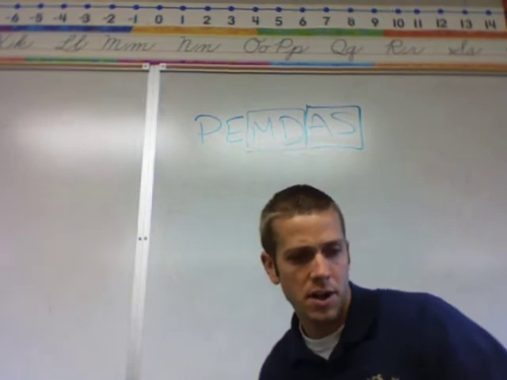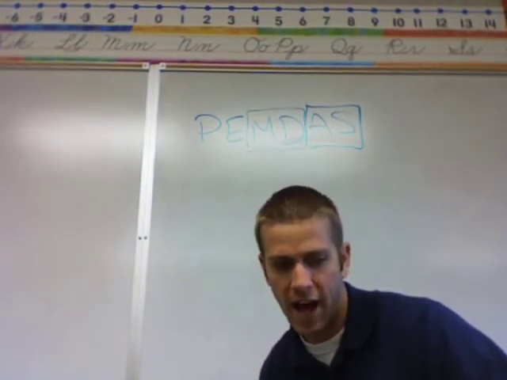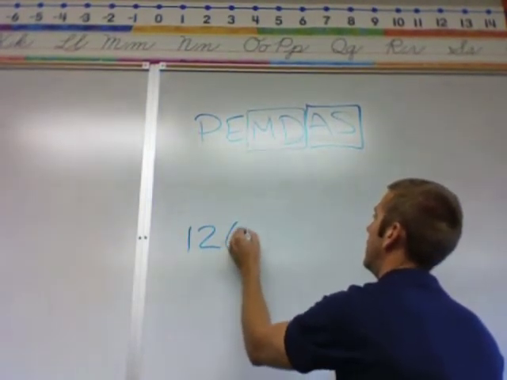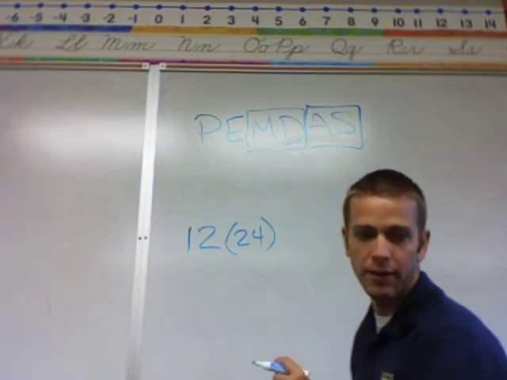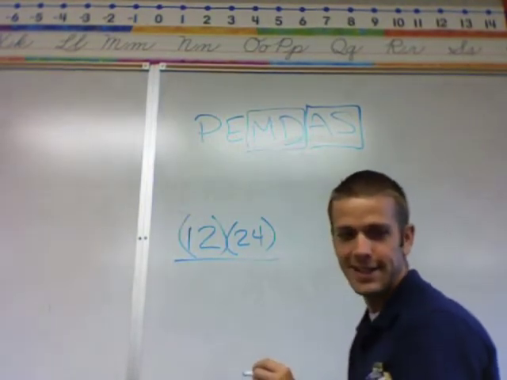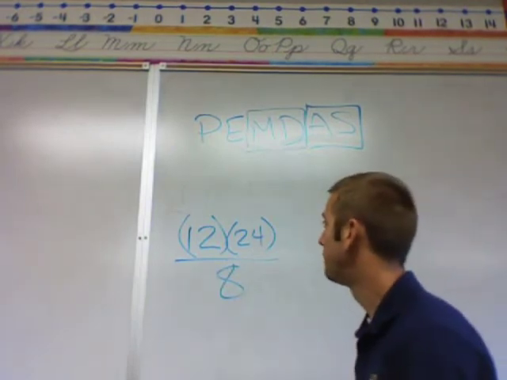Let's see. How about number 5? This one might look a little confusing because there's two numbers in parentheses with the fraction bar line and an 8 on the bottom.